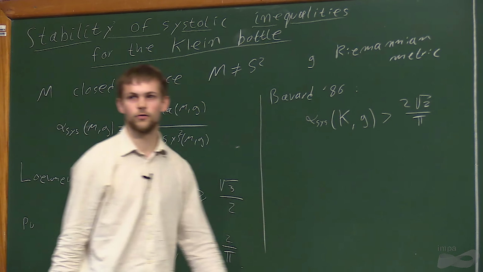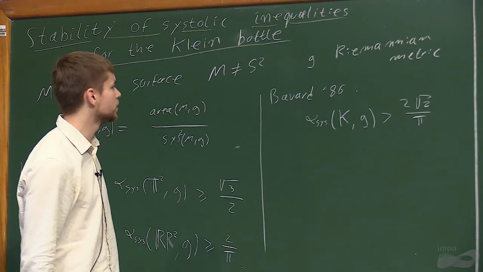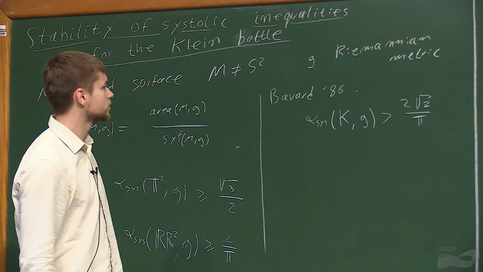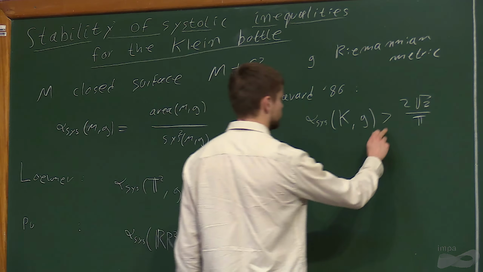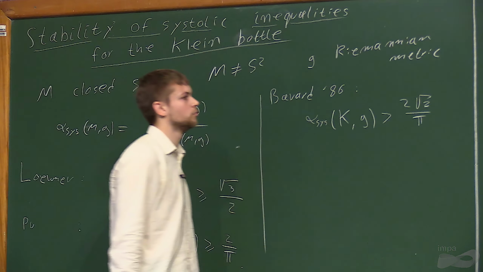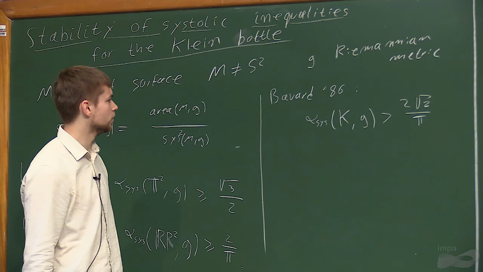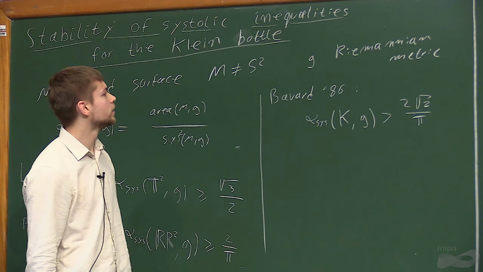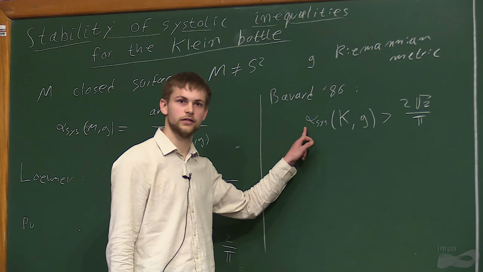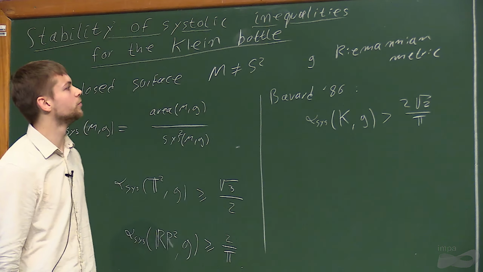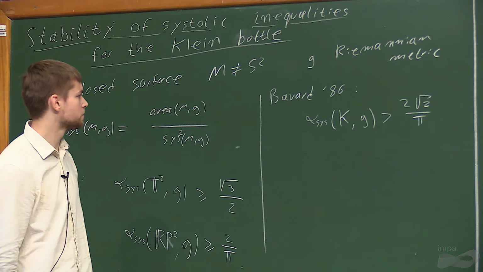This is a strict inequality if we consider only smooth metrics, but if we allow singular metrics, then we also know the up to rescaling unique minimizer of this systolic area. And basically this inequality and the stability of it will be what I want to talk about today.